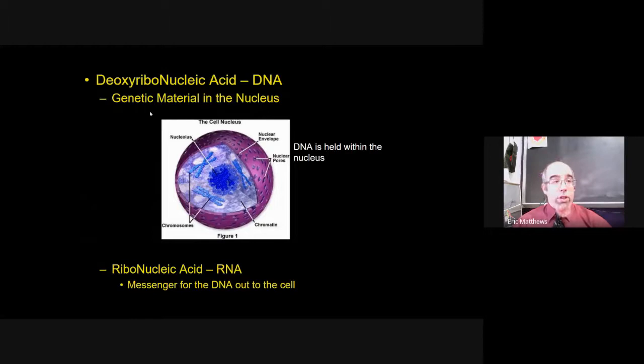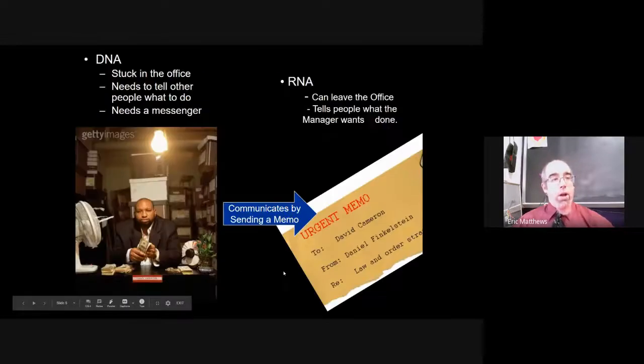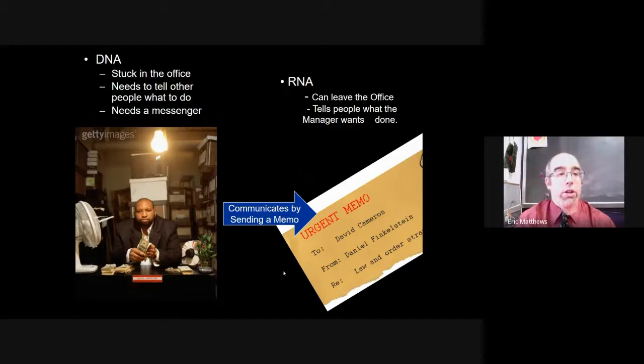And then we also have to look at our ribonucleic acid, or RNA, because this is the messenger that DNA needs. Let me explain why. You can think about DNA like the boss. The boss is in his office. The boss is in charge. If he leaves the office and other people need him, the business has issues.